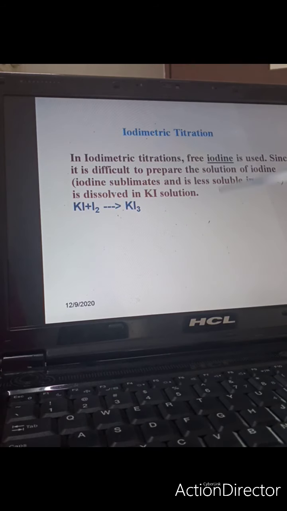Second is the iodimetric titration, in which free iodine is used, and it is difficult to prepare a solution of iodine because it is less soluble in water and it sublimates. So it has to be dissolved in potassium iodide. So this is how iodometric and iodimetric titration is performed. Now in this titration, the indicator which you will be using is a starch indicator.